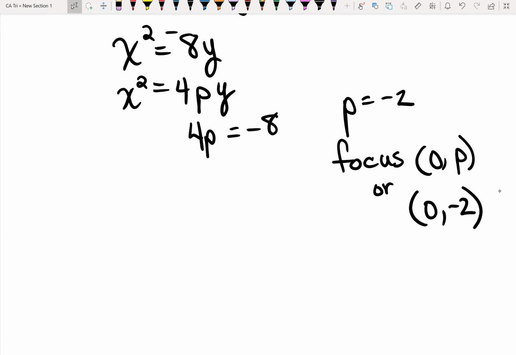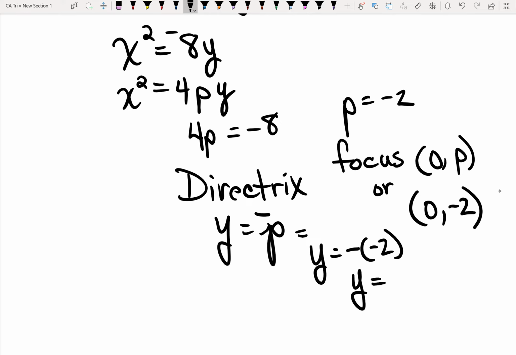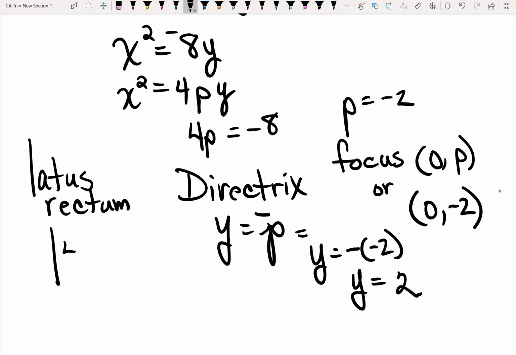The directrix, if you recall, becomes y equals negative p, which then means that this becomes y equals minus negative 2. Therefore, that directrix is y equals 2. Now, the latus rectum is the absolute value of 4 times p.